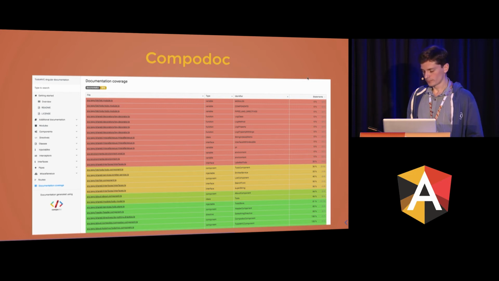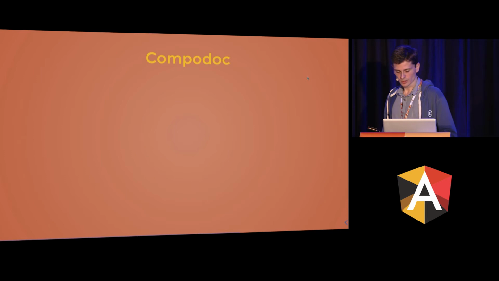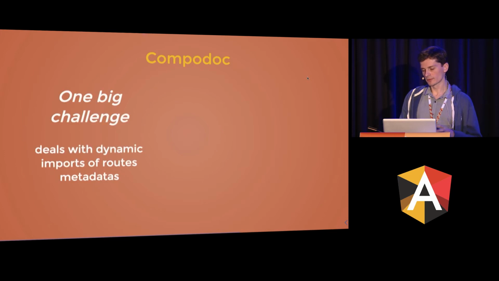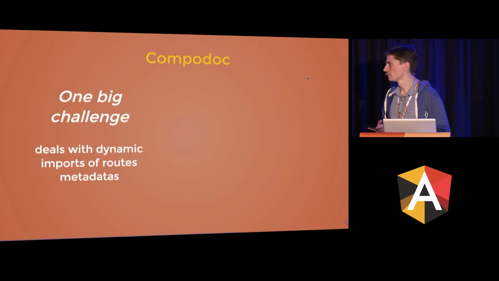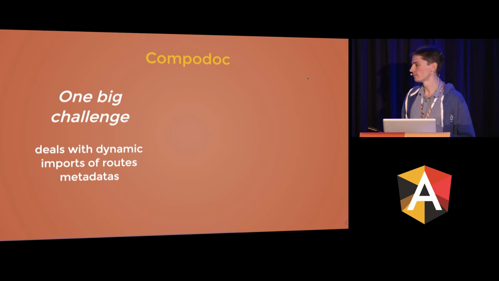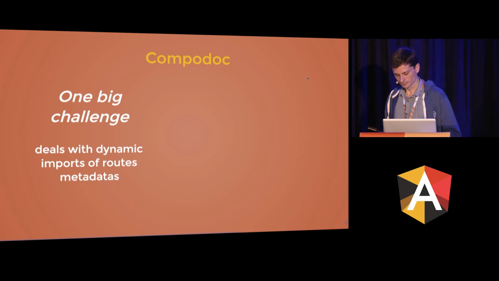One big challenge I encountered during this project was dealing with the parsing of all the files. We are printing a router graph, you will see in the next slide, and dealing with dynamic imports of routes metadata, or it's the same process for components metadata or directives, was a little difficult.